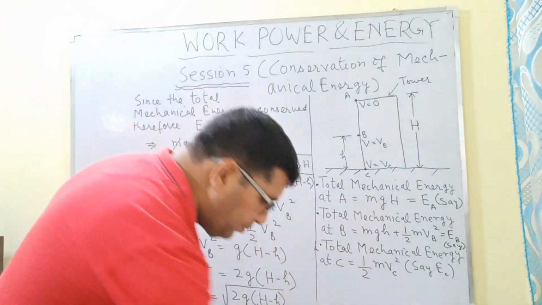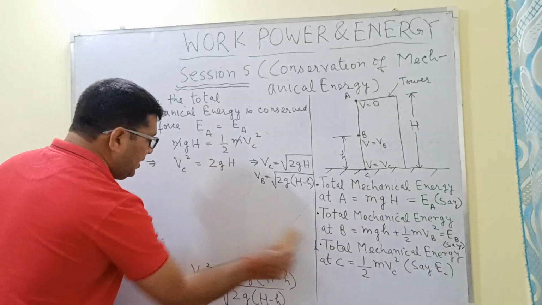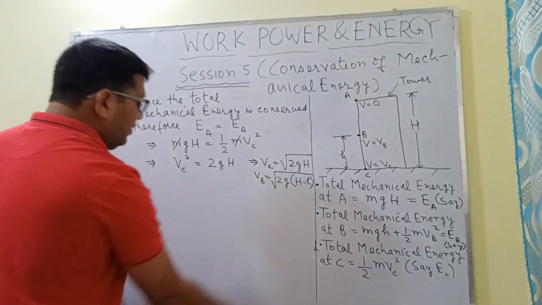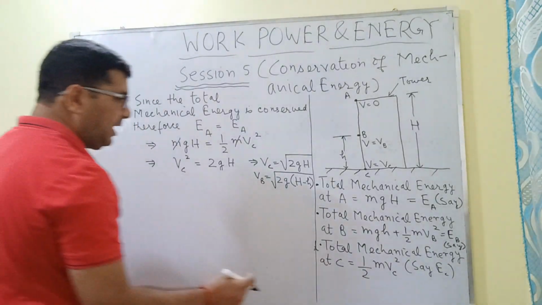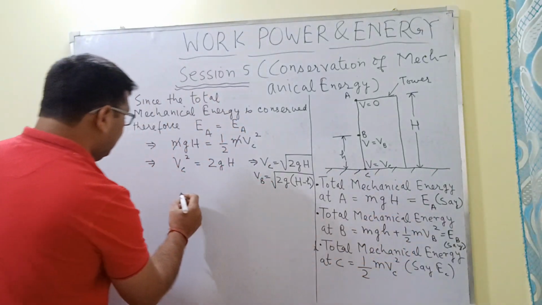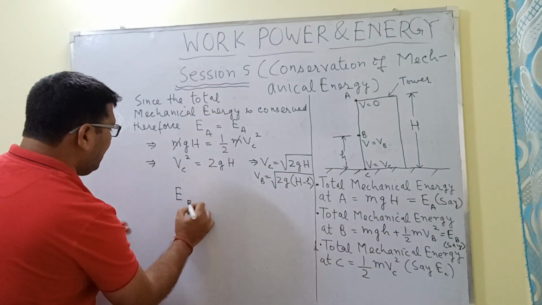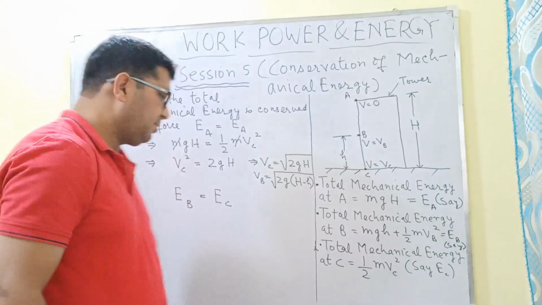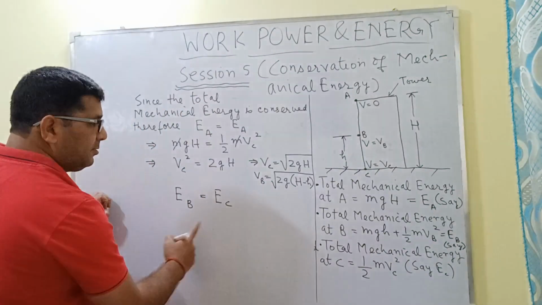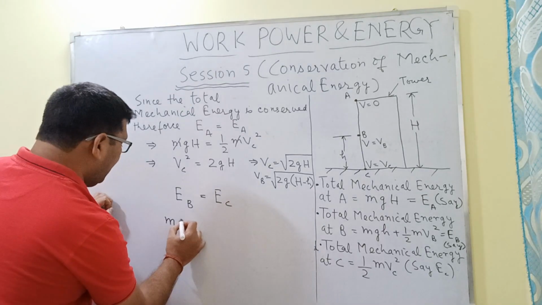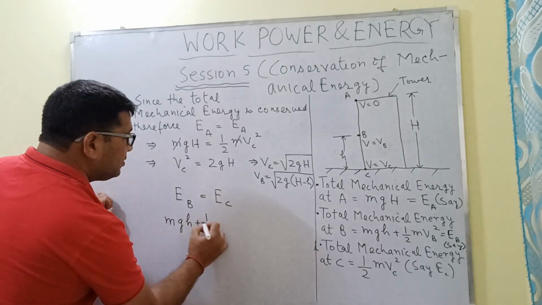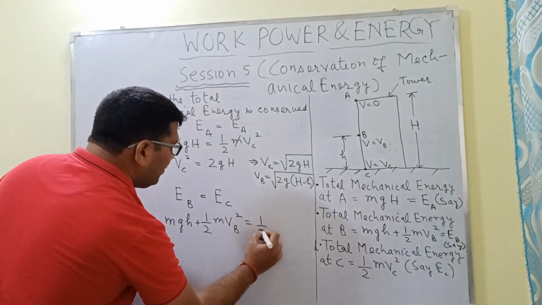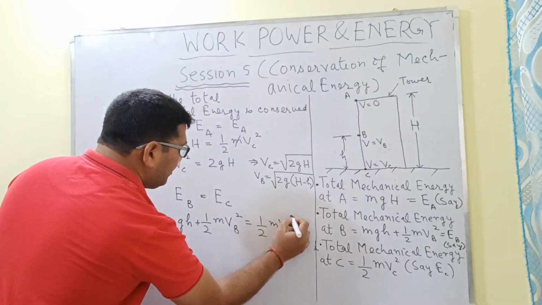Now, since the total mechanical energy of a system is conserved, therefore we can also write that EB, that is the total energy at B, should be equal to the total energy at C. Okay, so we can write that mgh plus half m vb square is equal to half m vc square.